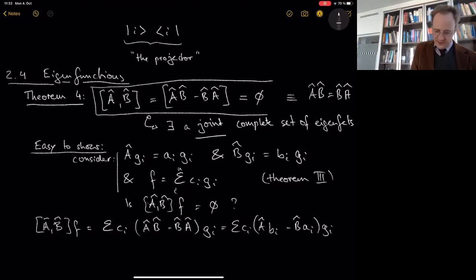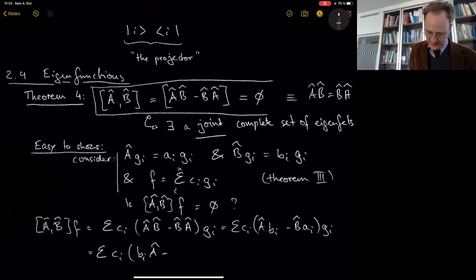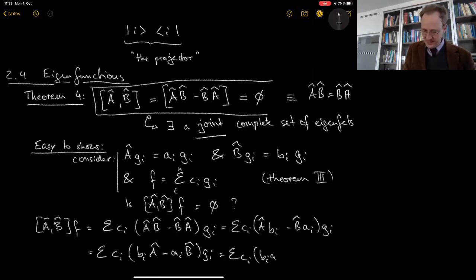Okay, now these eigenvalues are just numbers, so we can pull them in front here, b_i A minus a_i B, g_i, and now I'll repeat the exercise, and I get b_i a_i minus a_i b_i, g_i.